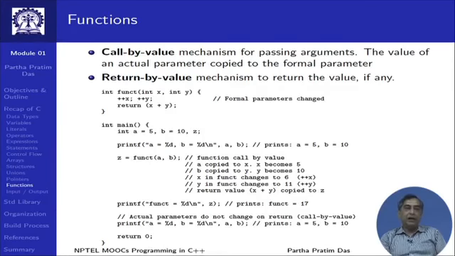In C, the only way to return is by copying the value back, because at this point the function funct which was executing will get terminated after giving you the value. So, there is no other way than to keep a copy of that value which we have assigned to z here to get that value back. As we go to C++, we will see a different mechanism both for call by value as well as for return by value, which will be very, very powerful.